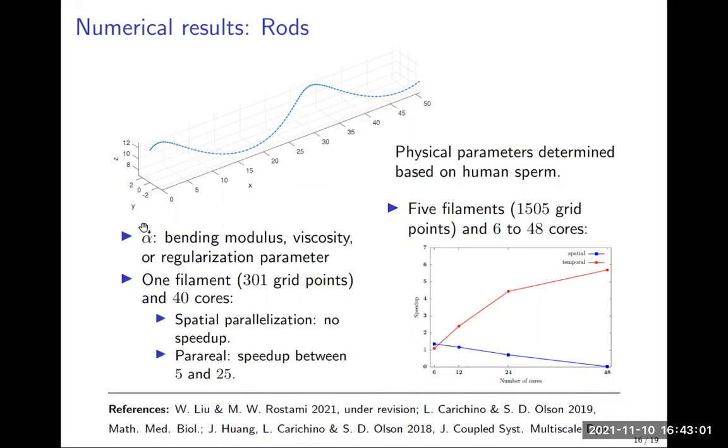So remember, there is an alpha there. Like I said, it could be many things. In this particular case, we considered the bending modulus of this elastic rod, the viscosity of the fluid, and the regularization parameter of the regularized Stokeslet method. If you're not familiar with that method, that's totally fine. It's just some parameter used in the solver for fluid structure interaction.